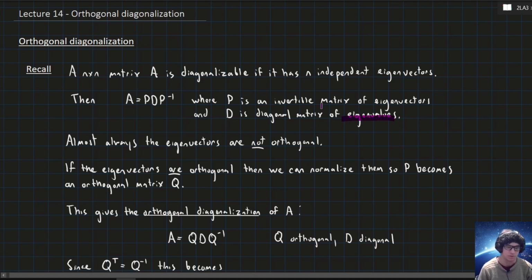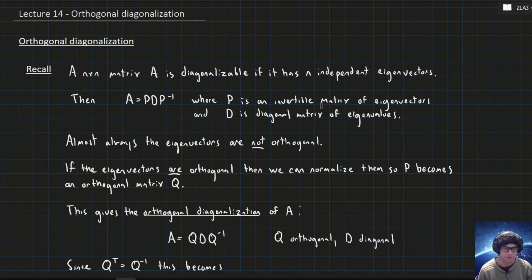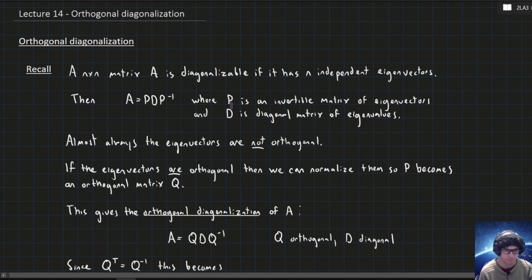Now we want to ask, when is it possible that this P could be an orthogonal matrix instead of just being an invertible matrix? In almost all the examples we've done so far, the eigenvectors were not orthogonal.